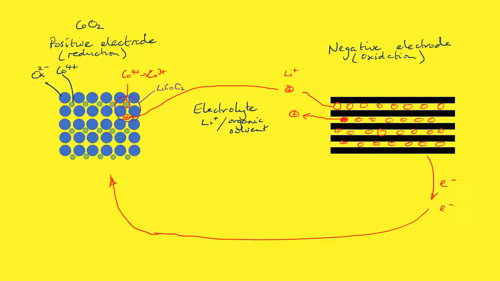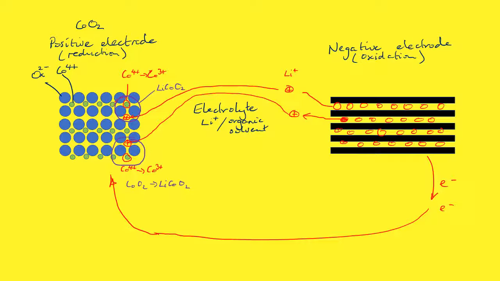So this lithium 1+ ion, let's say it goes into here. That electron has gone around the circuit and allows this cobalt 4+ ion to turn into a cobalt 3+ ion, but the compound is still neutral, because if we take that part of the lattice, so it was cobalt dioxide and it's now lithium cobalt dioxide.